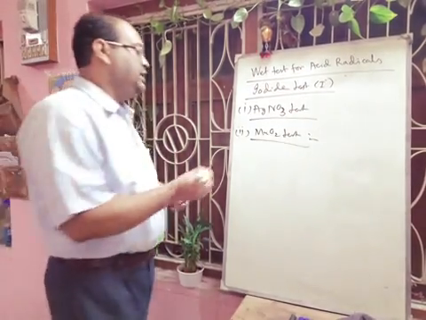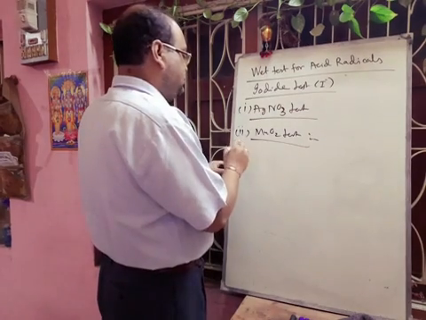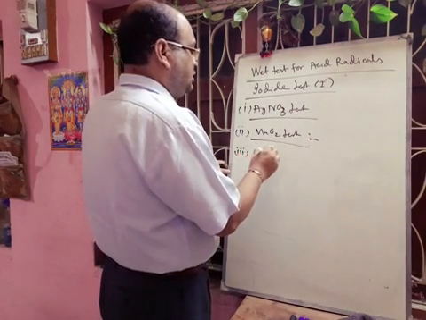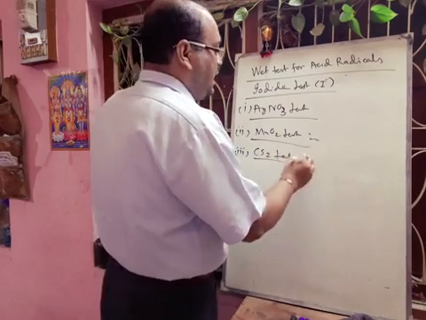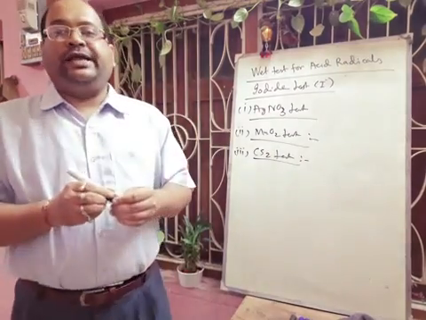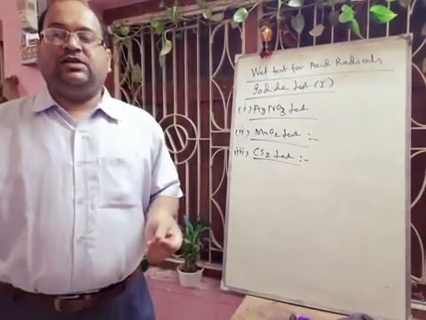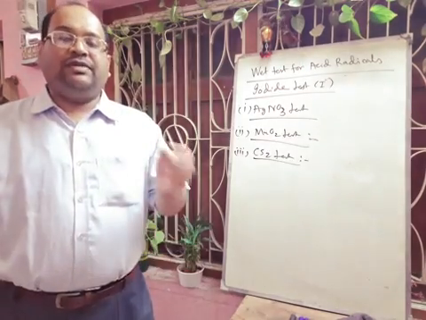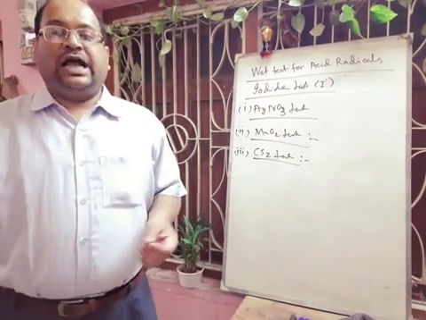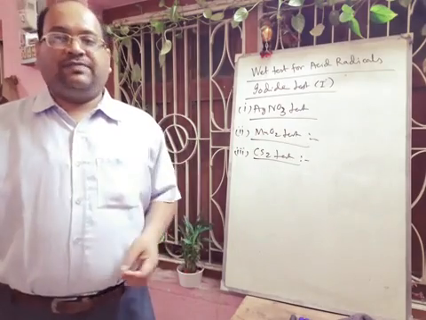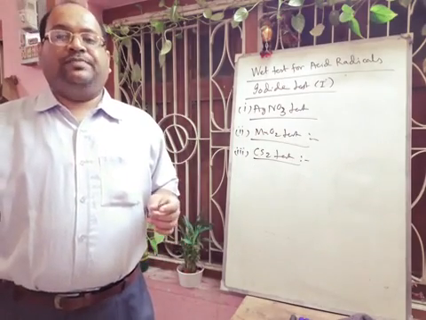Another test we can do is the carbon disulfide test, the CS2 test. Here also, first we take the sodium extract and acidify it with dilute HCl, then add 1 ml of chlorine water and 1 ml of carbon disulfide liquid.